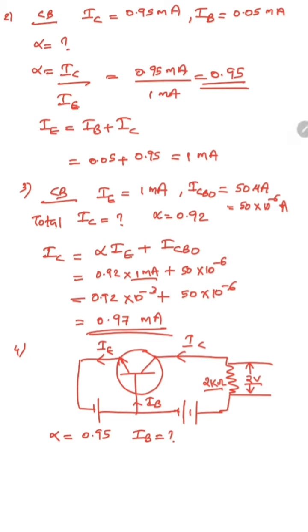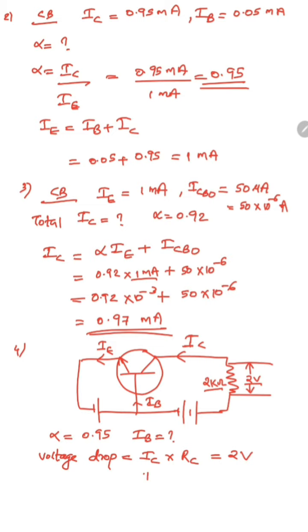So how can we find it? We have been given the voltage drop across the output. Voltage drop V is equal to I into R. What is the current flowing in the output? It is the collector current. So IC into RC is the voltage drop, and it is equal to 2 volt.